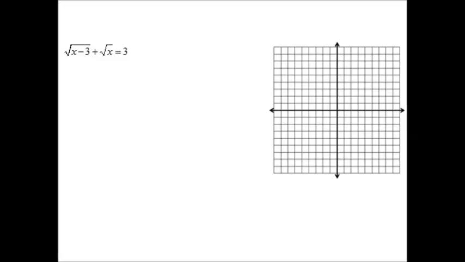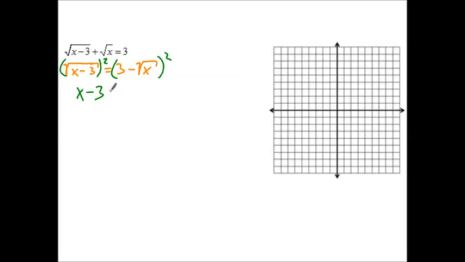Here we have two terms with a radical, and in order to be able to solve them, we're going to move the square root of x to the other side to get the square root of x minus 3 is equal to 3 minus the square root of x. And now we can raise both sides to the power of 2.